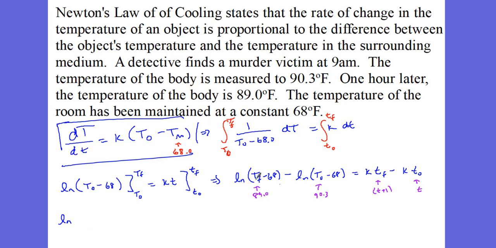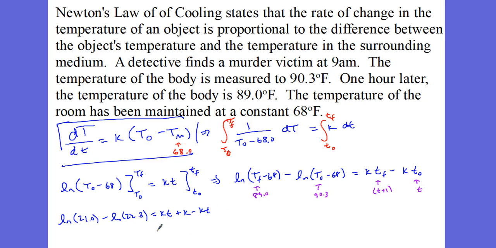So let's take a look at what I have. I have natural log of 89 minus 68. That's 22.3. No, it's not. 89 minus 68 is 21. My bad. 21. And then I have natural log of 90.3 minus 68, which is natural log of 22.3. And that is equal to, if I distribute this, kt plus k minus kt.